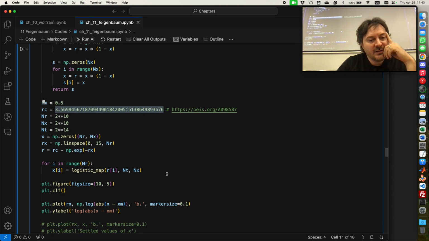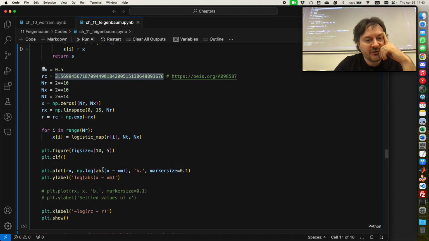Let's actually plot our function as it goes closer to it. And I'm going to plot, let me gather my thoughts together. What I have here. This one, this one, this one. Let me just plot it like this.